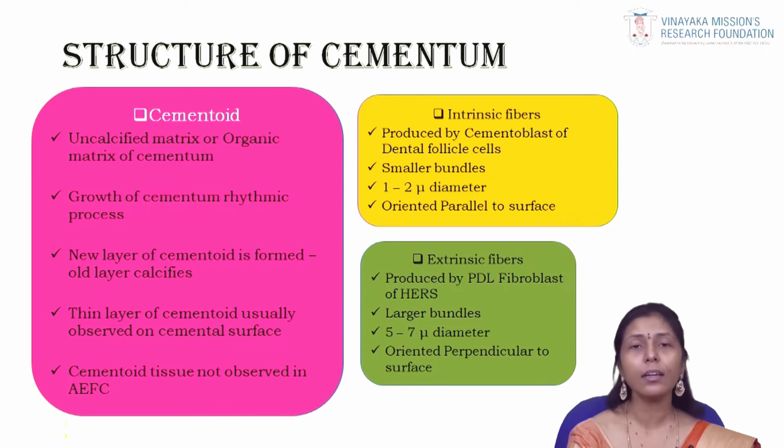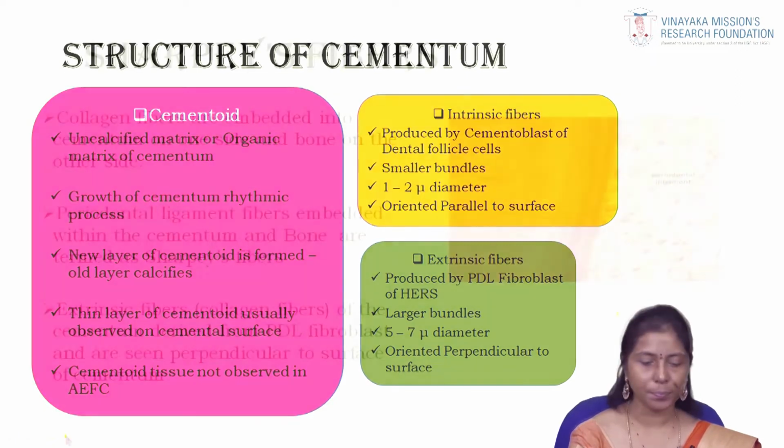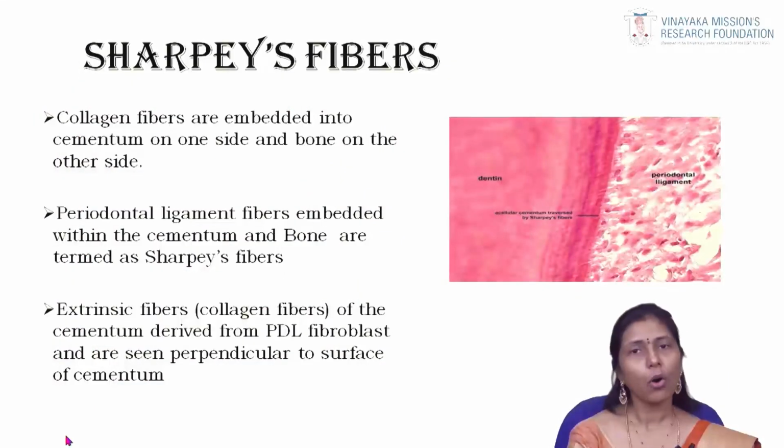These bundles are larger than the intrinsic fibers, 5 to 7 micrometers in size, and the fibers are oriented perpendicular to the surface of the cementum. These extrinsic fibers are also called Sharpey's fibers.